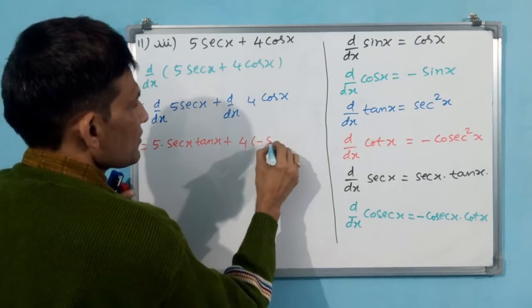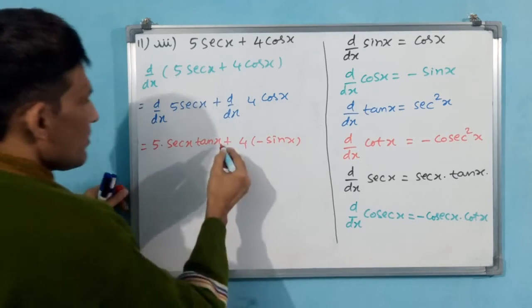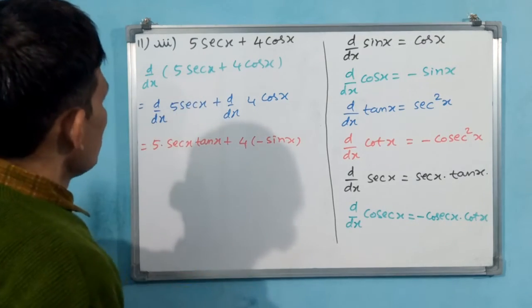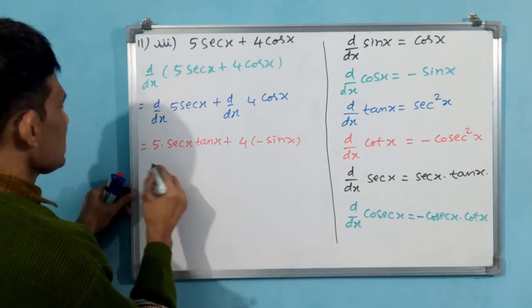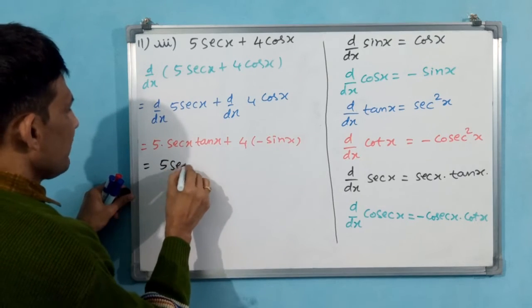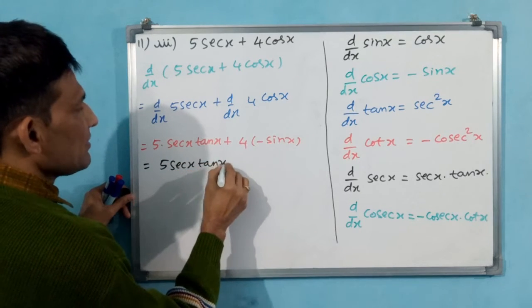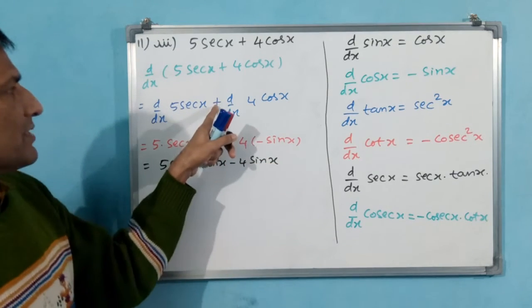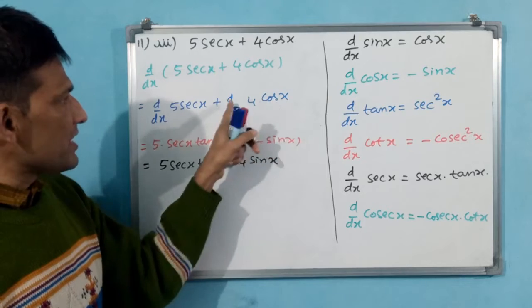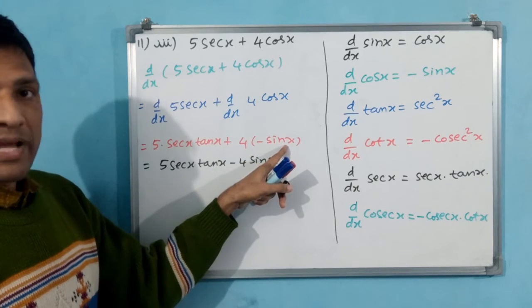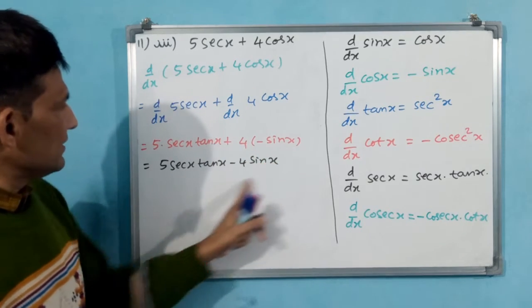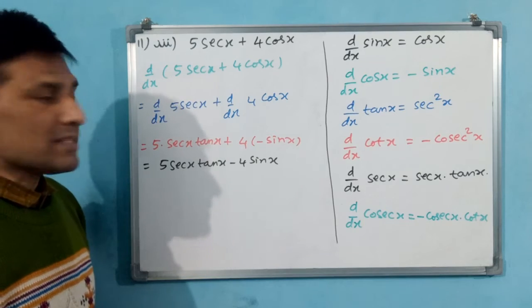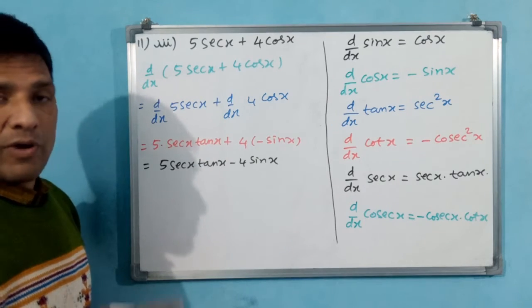First you write minus sin x, but finally you are going to make it minus 4 sin x. So 5 secant x tan x minus 4 sin x. First plus is there, 4 you are going to write, but d by dx of cos x is going to give minus sin x. That is why minus 4 sin x has to come. Okay, this will be the answer for the third part of the 11th question.